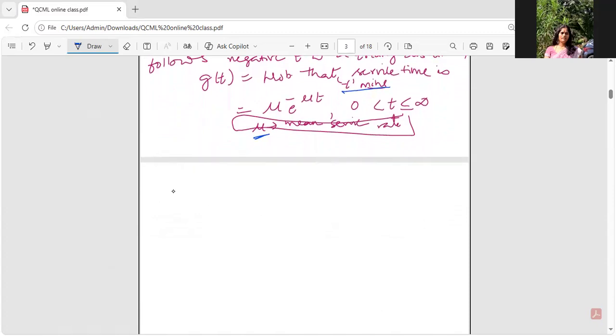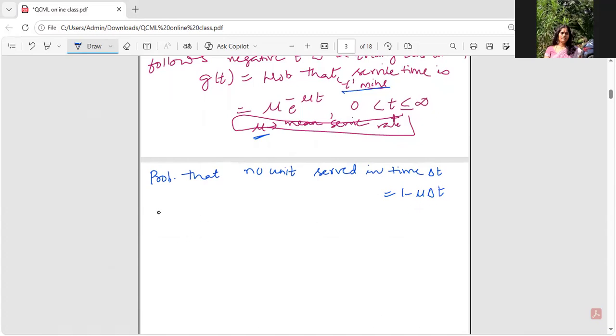Coming to the probabilities, same as I have done previously. The probability that no unit is served in time delta t is given by 1 minus mu delta t.